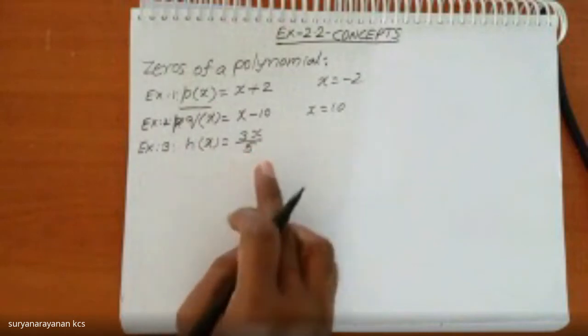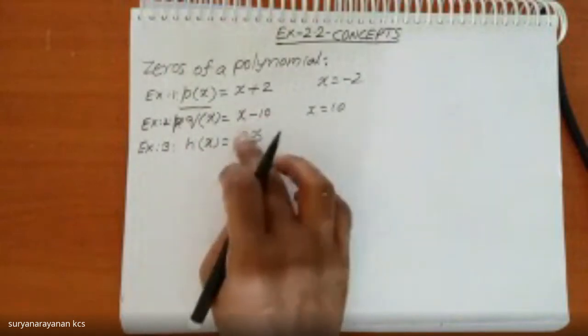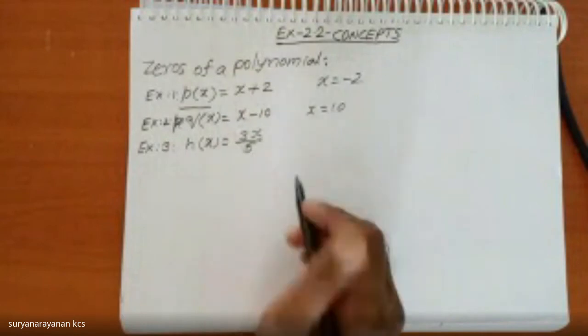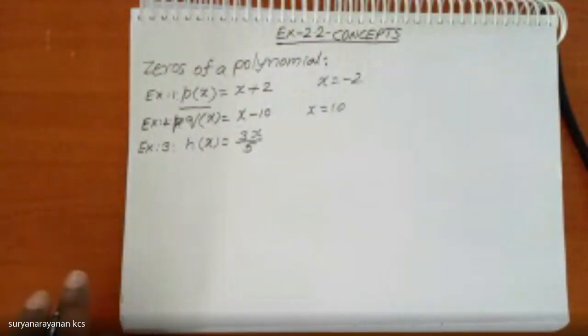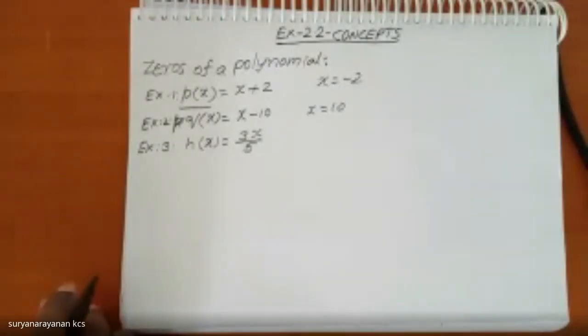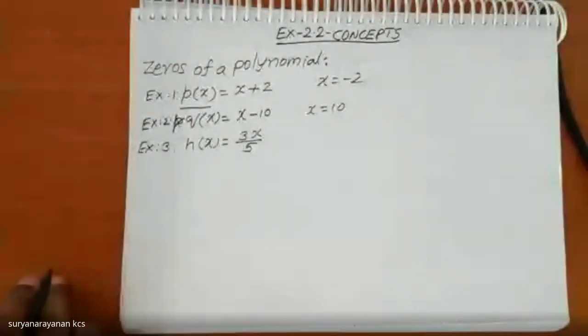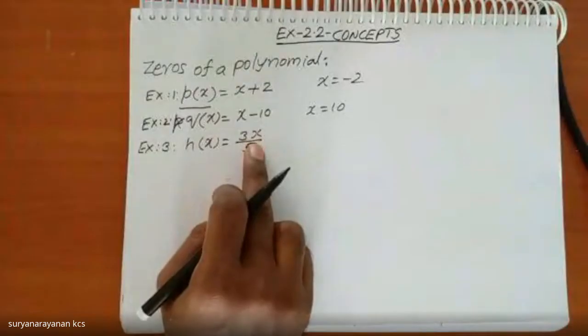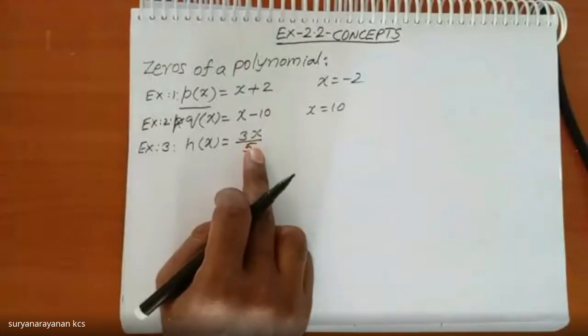Then to get the value of this polynomial as 0, what should be the value of x? Minus 3 by 5? No. Please observe the given polynomial. Minus 5 by 3, sir? No.